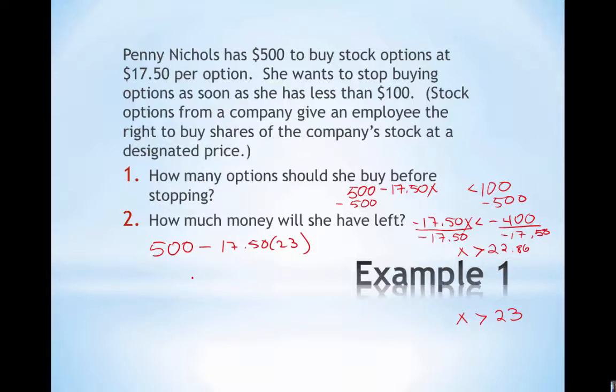Let's find out. Of course, I pick up a calculator. It's not working. Okay, so 17.5 times 23 subtracted from 500. That's 97.5. She will have a total of $97.50 left.